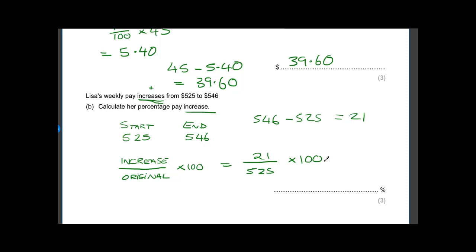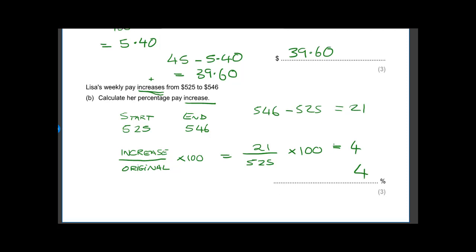Right, I have a calculator. So it's going to be 21 divided by 5.25. Yeah, it's exactly 4%. Okay, done. So it's 4%.